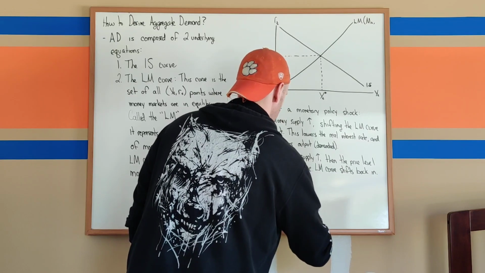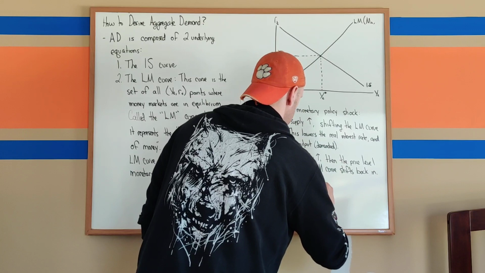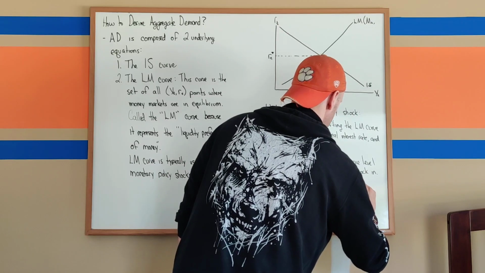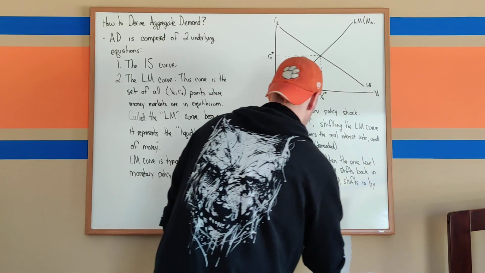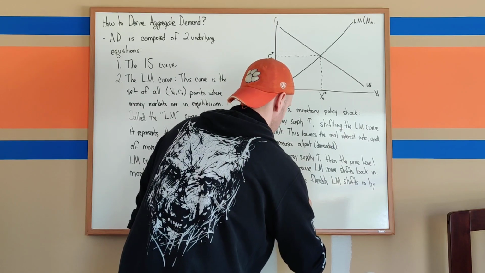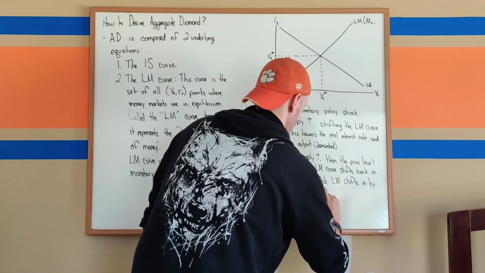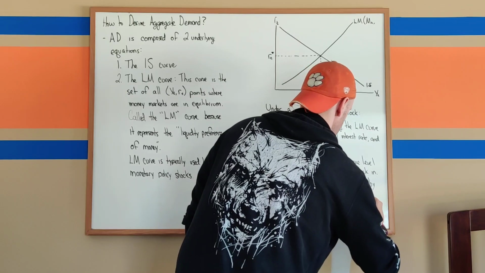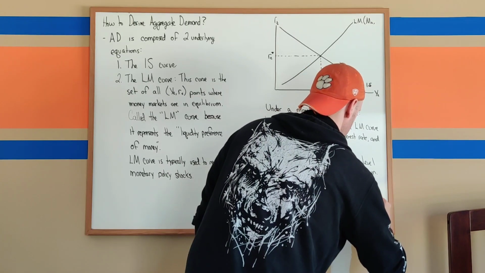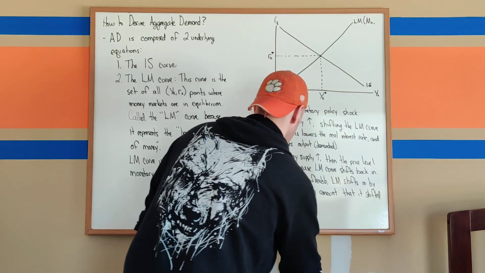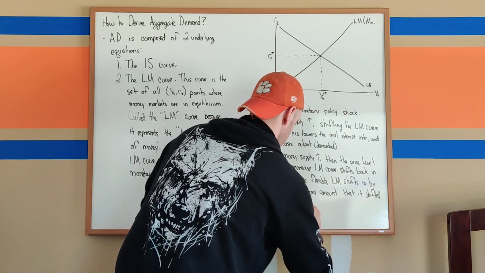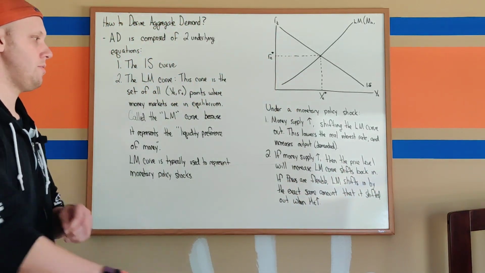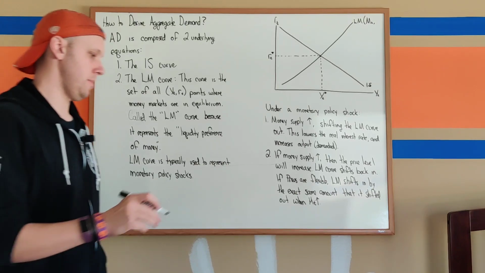Now, in the event prices are flexible, like they are in this model, it's going to shift in by the exact same amount that it shifted out when the money supply increased.